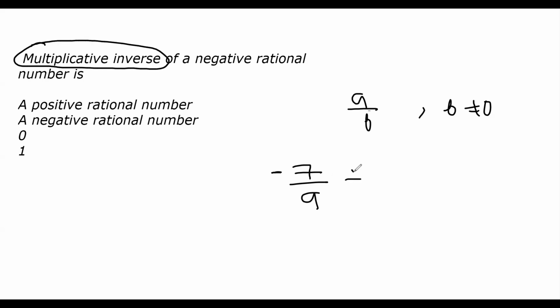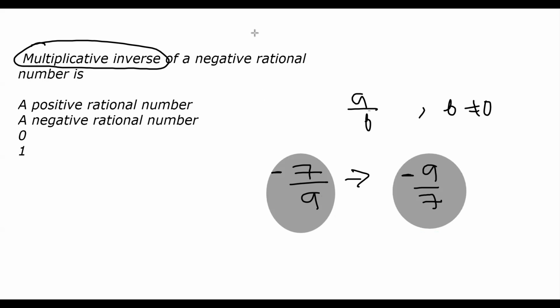How do we get a multiplicative inverse? That's also called reciprocal. On reciprocating this, we'll get 9 over 7. We generally write the minus in the numerator. Now, what's our conclusion here? That on reciprocating a negative rational number, we get a negative rational number only and not a positive. So we should say that the multiplicative inverse of a negative rational number is a negative rational number.